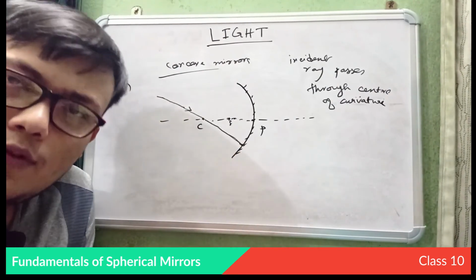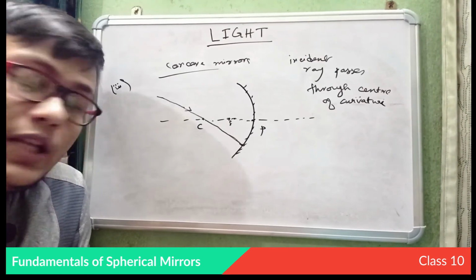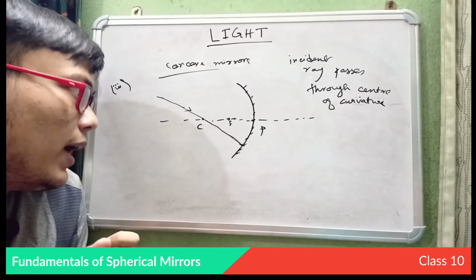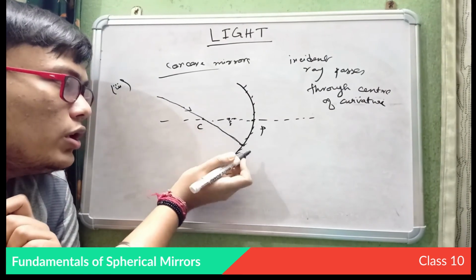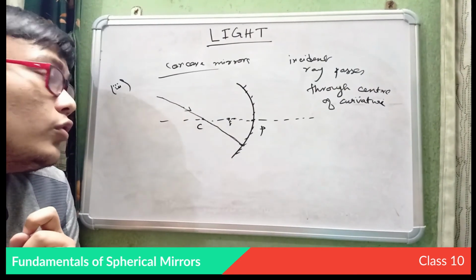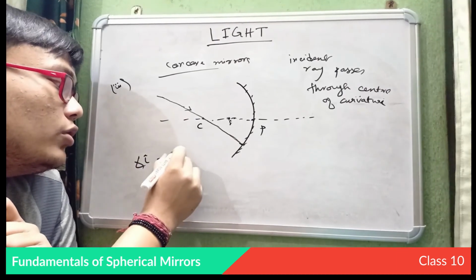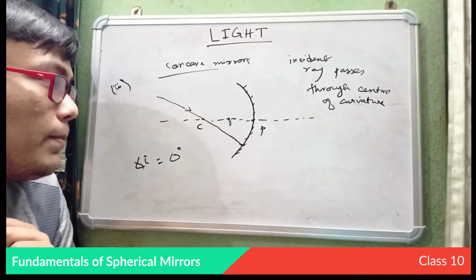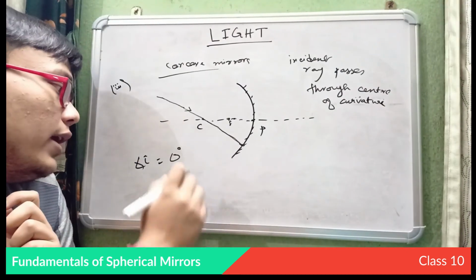So at this point of contact, if we draw the normal, we know that the normal at any point on the spherical surface is a line which passes through the center of curvature. So the normal will also be along the incident ray only, right? So the normal is along the incident ray, so the angle of incidence will be 0 degrees.